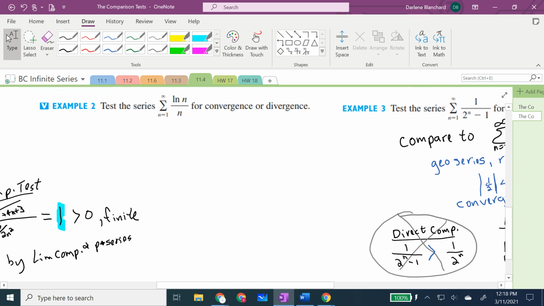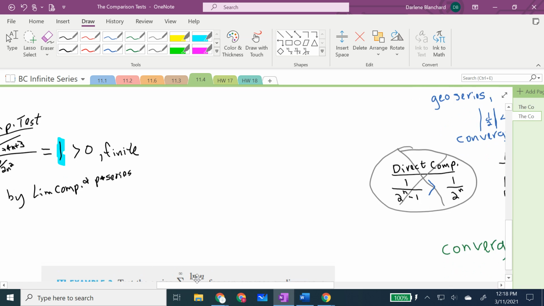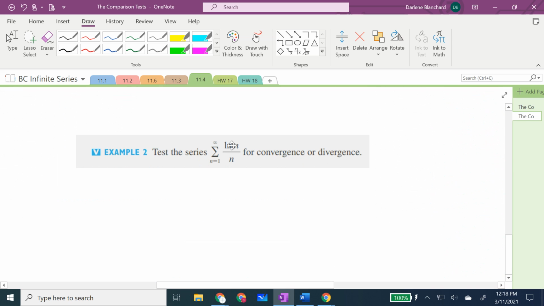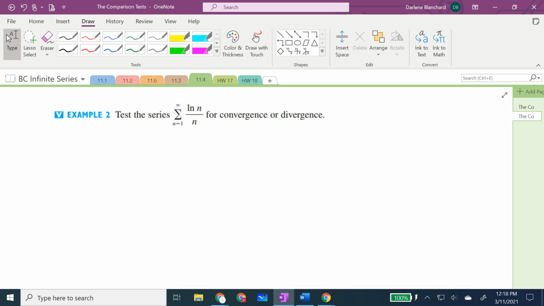Now let's go over to example 2. And I just realized that I'm going to be better off if I move this, which is actually why I stacked them the way I did. I can easily move this to where I can do work separate from the other ones. Okay, now this one involves a transcendental function.